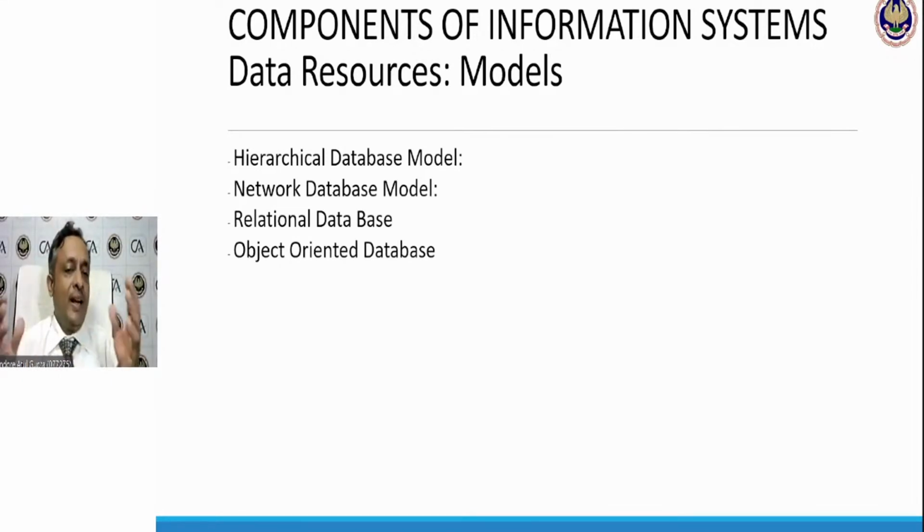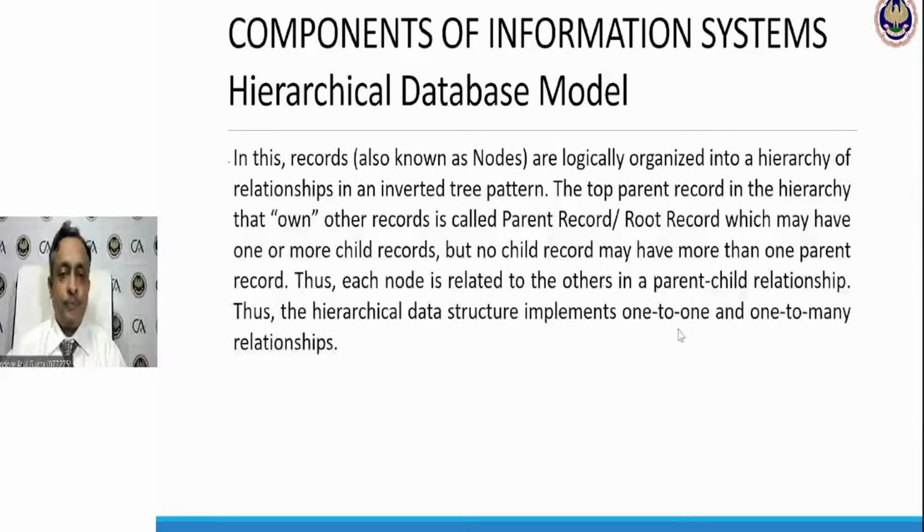Now, types of database: hierarchical, network, relational, object-oriented. Let us take them one by one. Hierarchical is basically like an inverted tree structure. The tree has a trunk and the branches shoot out like that. So it is sometimes also called a parent-like database.